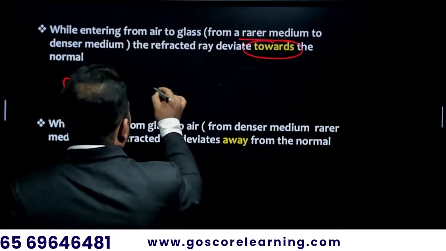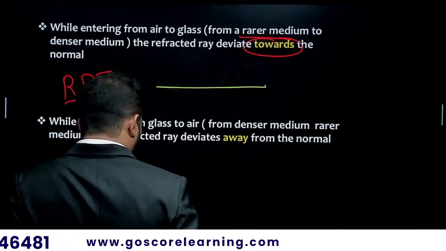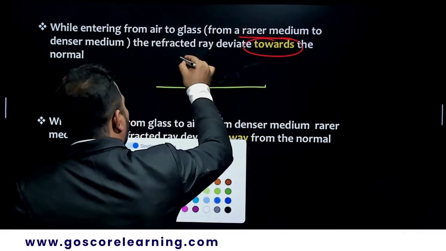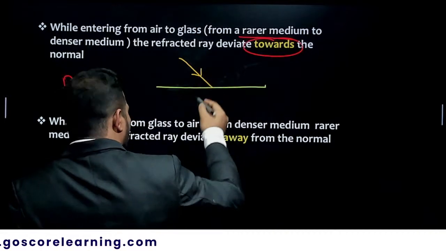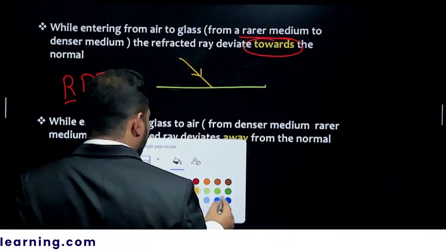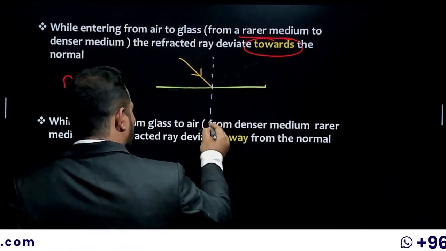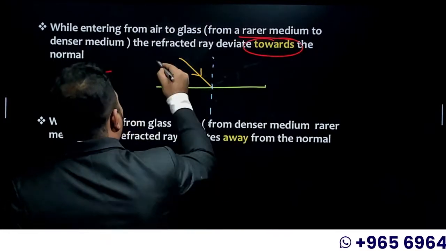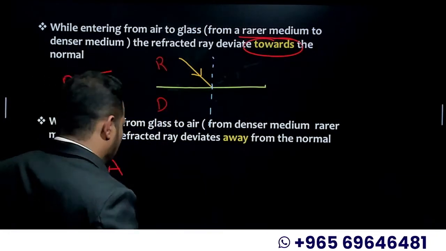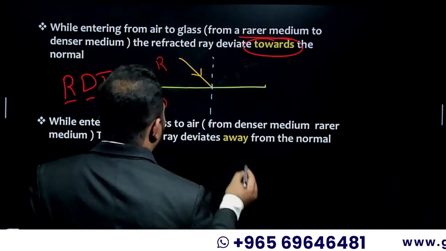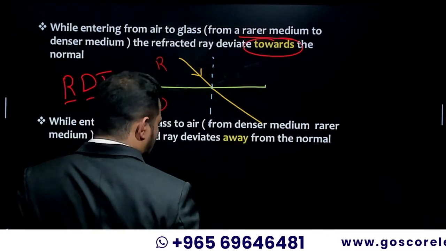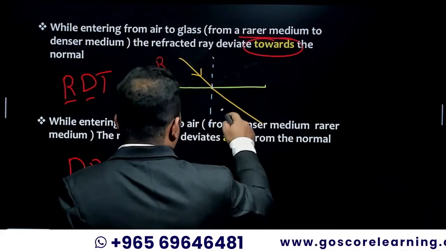So for that we have made a code. The interface is there, the incident ray, and we have to draw the normal. If the light ray is coming from a rarer medium to a denser medium, this is the actual path of the refracted ray.